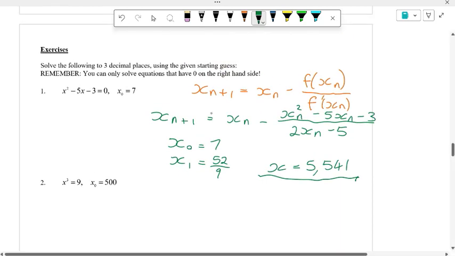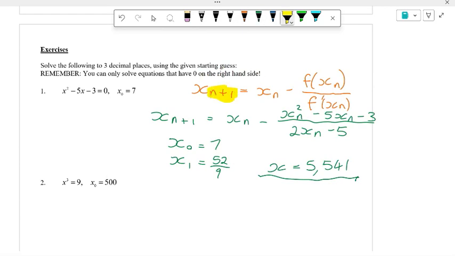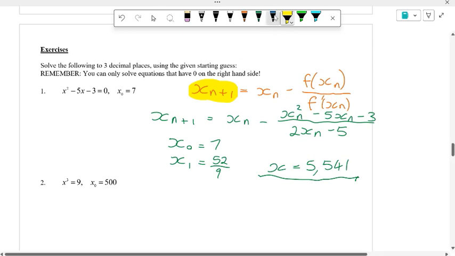Yeah, okay. So this here is just a name for a sequence. So basically we're generating a sequence of values. X naught is our first one, x1 is our second one, x2 would be our third one, etc. And notice what this formula does.